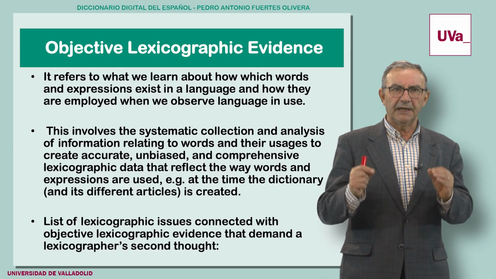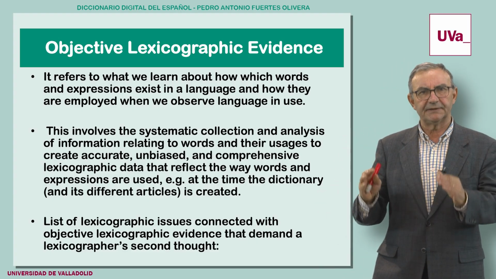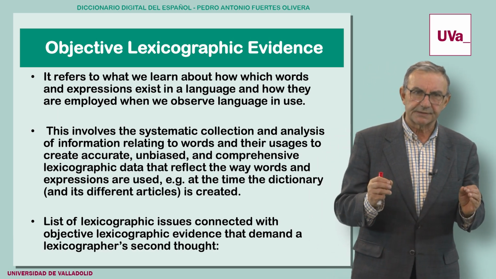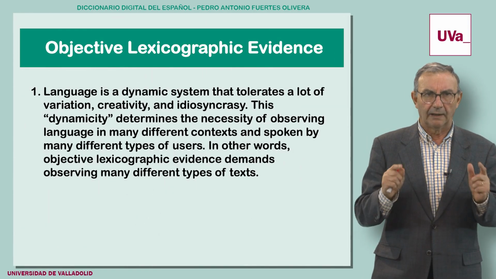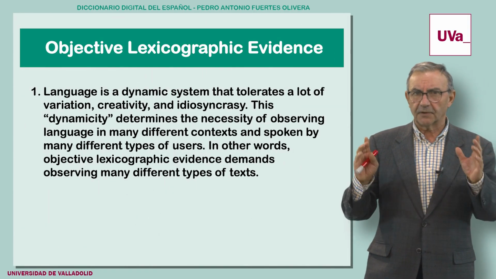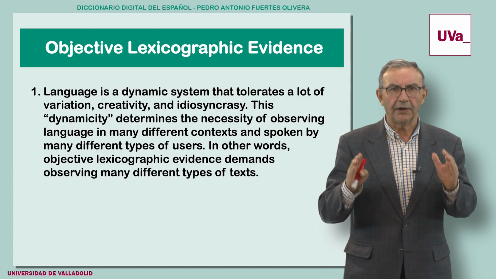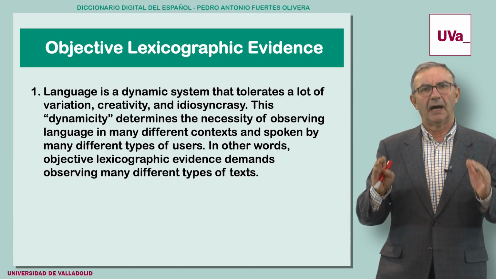Here is a list of uses related with objective lexicographic evidence that demands a lexicographer's second thought. 1. We must not forget that language is a dynamic system that tolerates a lot of variation, creativity, and idiosyncrasy.